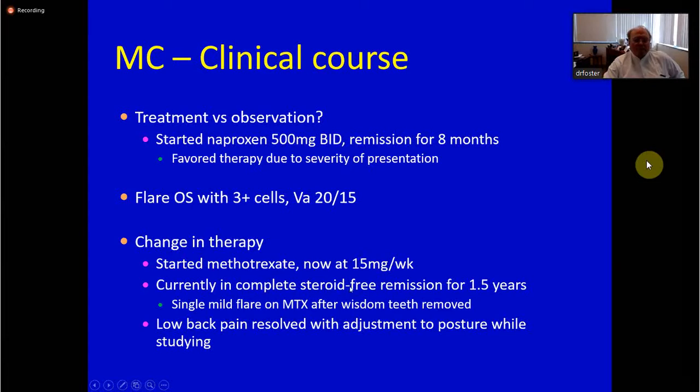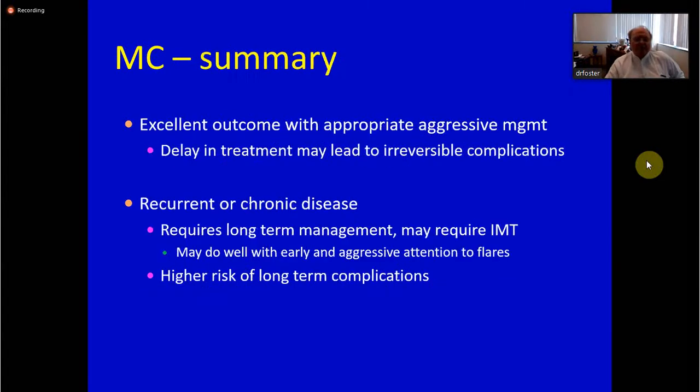And currently the patient's in steroid-free remission for 1.5 years, and had some low back pain, but did not have ankylosing spondylitis. So excellent outcomes can be achieved with appropriate aggressive initial management.